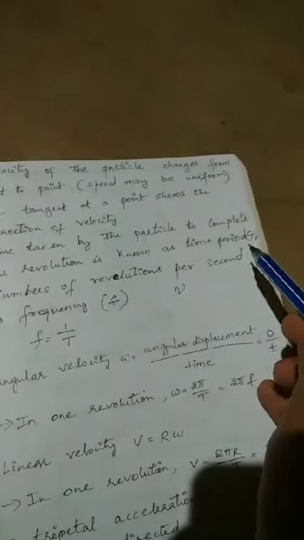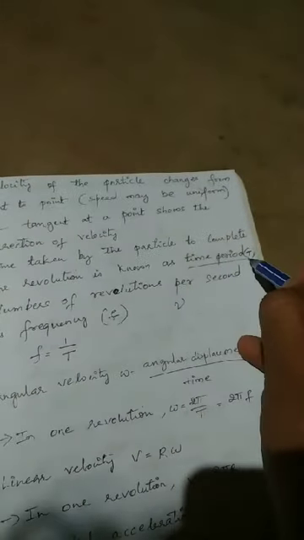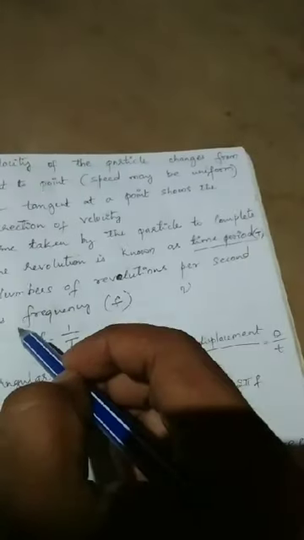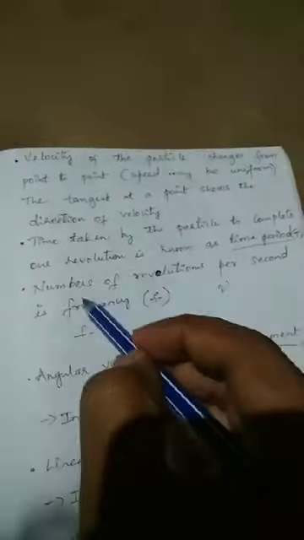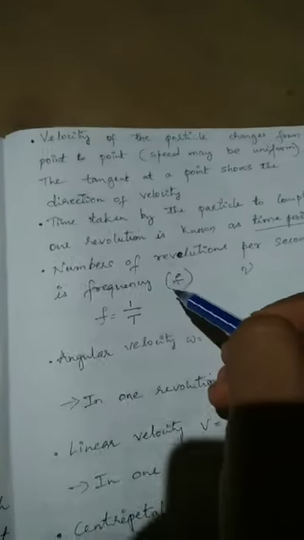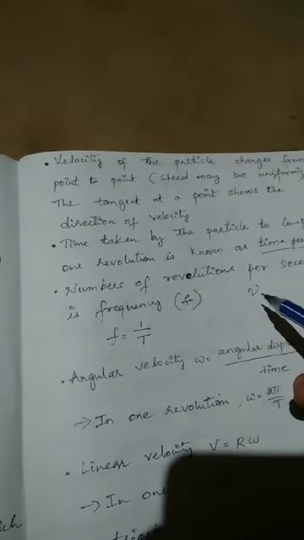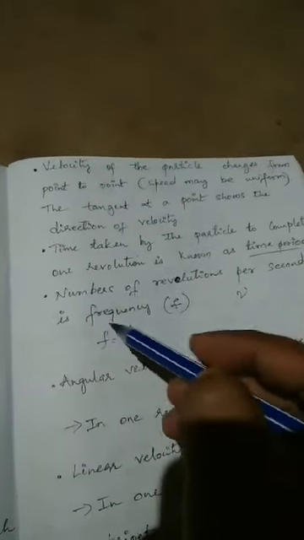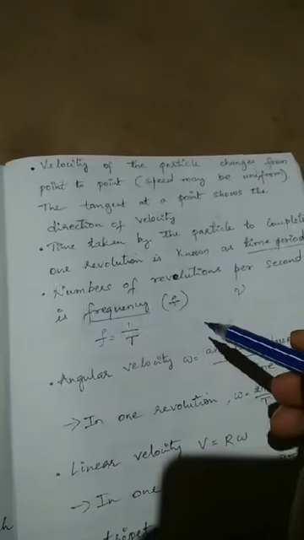Total time taken is the time period, T. Important. The number of revolutions per second is frequency. It may be F or nu. F equal to 1 by T. This is the relation between time period and frequency.